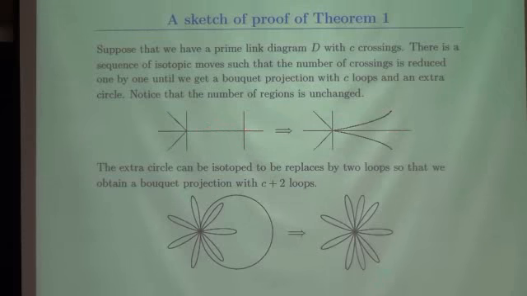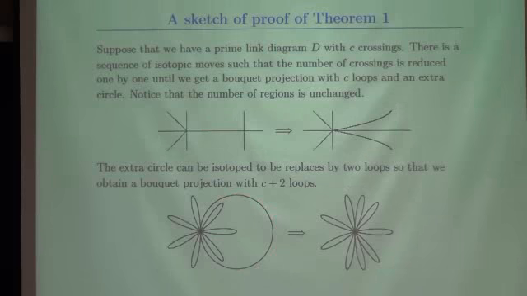It only reduces the number of crossings. So the crossings are accumulated to one single crossing. So once you reach this type of diagram, then the number of regions is the same as the number of regions of the diagram you started with.